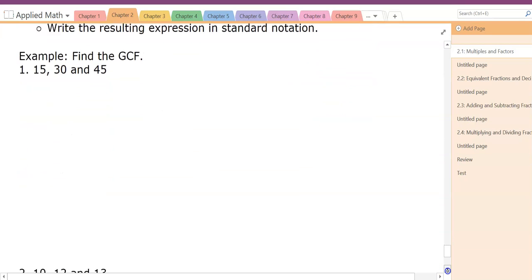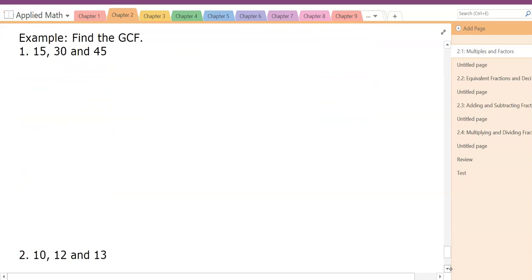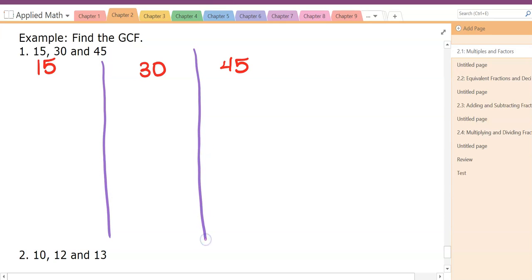So you got to kind of reverse your thinking a little bit. In this case, they're going to give us 3 numbers that we have to do this with. So I'm going to set these up the same way. I'm going to find the prime factorization for these 3 numbers. Okay, so what are 2 numbers that can go into 15? Okay, both of those are prime.